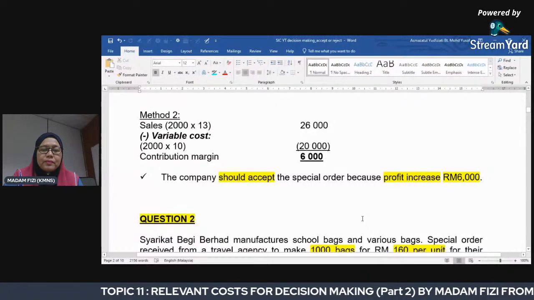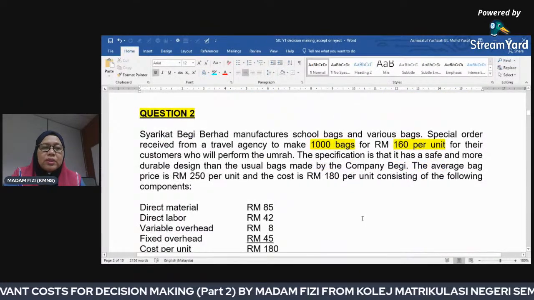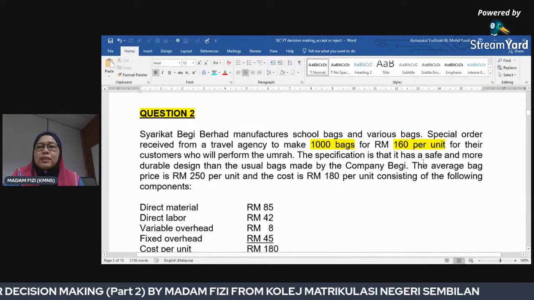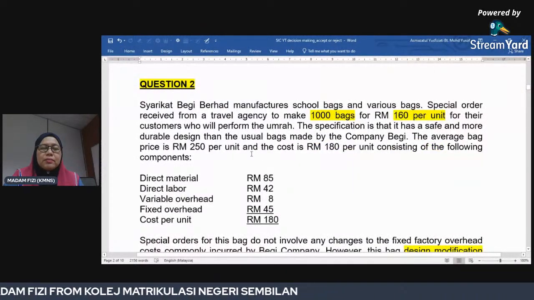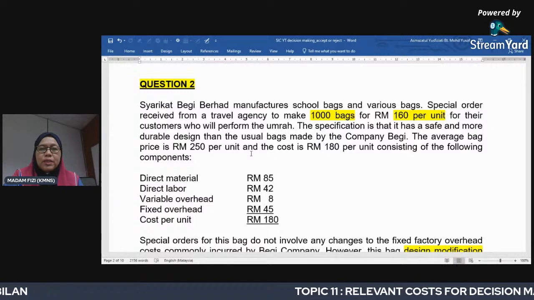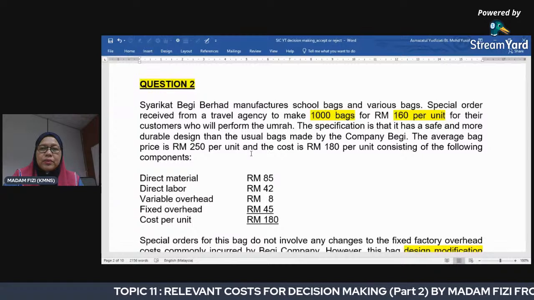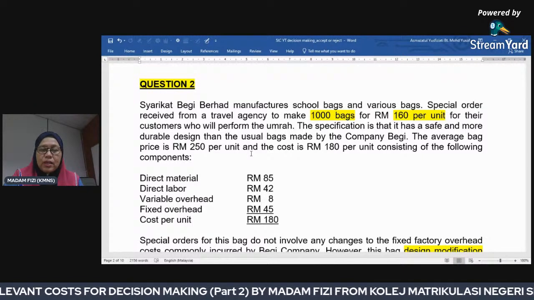Now we move to question number 2. Question number 2 is syarikat Begi Berhad. Syarikat Begi Berhad manufactured school bag and various bags. Special order received from travel agency to make 1,000 bag for 160 ringgit per unit for their customer who will perform the umrah.